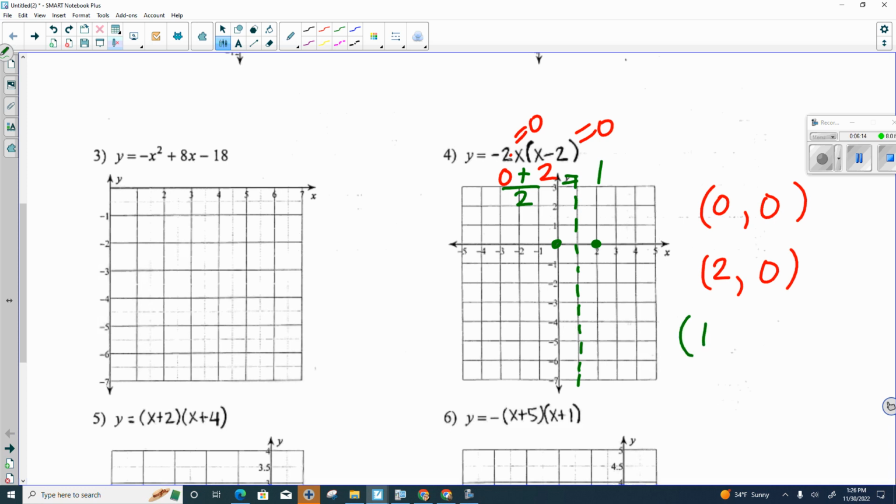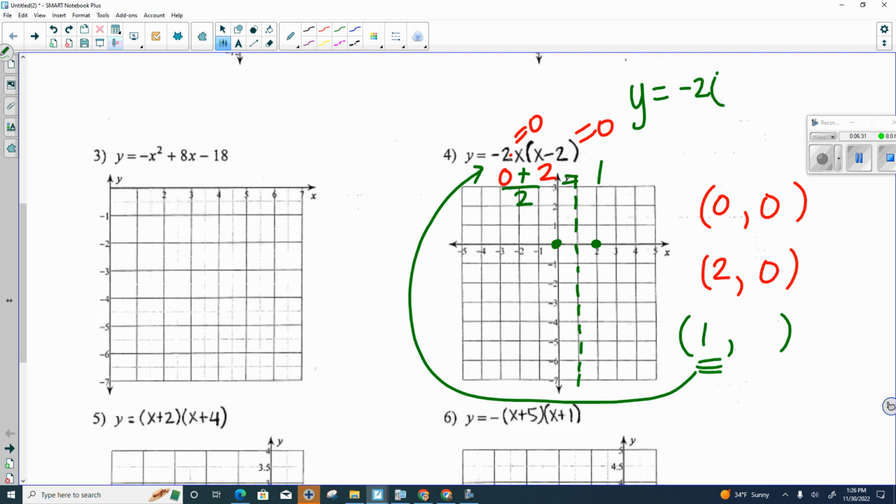I'm going to take that axis of symmetry. It's the x value of my vertex. Do you remember how to find the y value of the vertex? Be very careful with my arrow here. I'm going to plug it in here. So to find the y, everywhere I see an x, I'm going to put a 1. And use my order of operations.